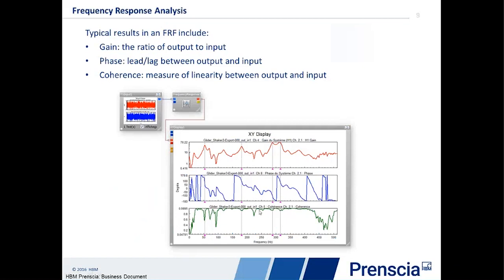It's also sometimes useful to look at the coherence, which is an indicator of how much the response is due to the excitation, or linearity between response and excitation, causality, etc. So it's got many views, and it's quite useful to have a look at it.